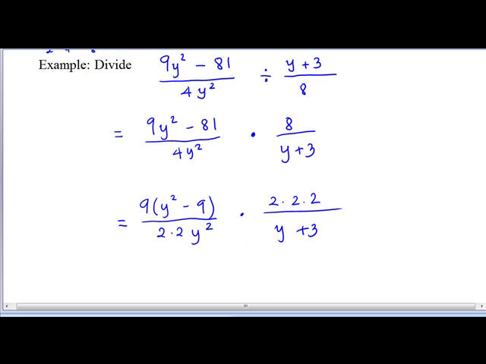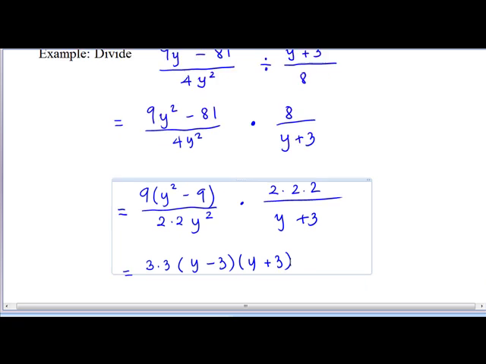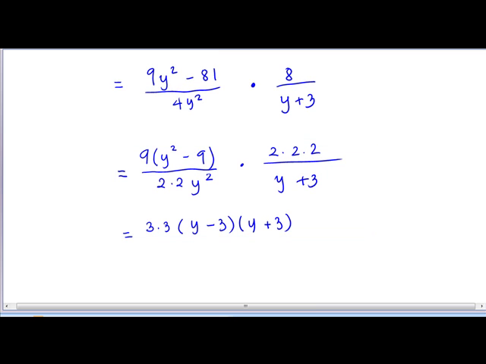I didn't factor out completely yet, so I'll continue to factor this one. 9 can be viewed as 3 times 3, and then you have y minus 3 times y plus 3 to factor out this problem, over 2 times 2 times y squared, times 2 times 2 times 2 over y plus 3.